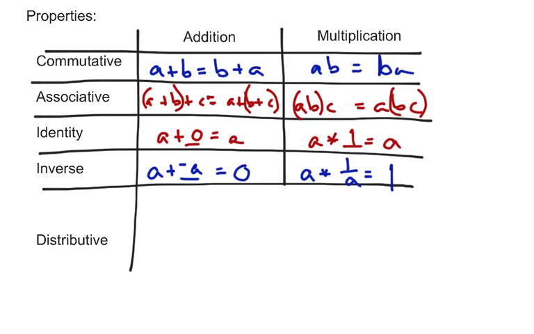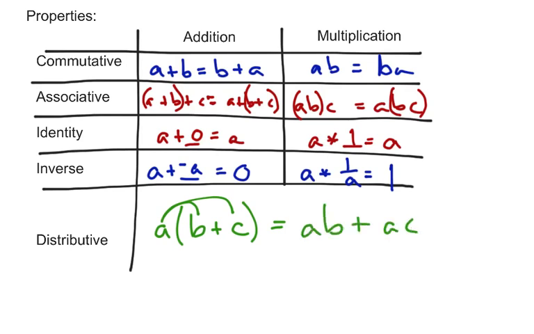And then the distributive property is another one that we should feel pretty comfortable about: if I have multiplication and addition, A times B plus C, we distribute the A to both of them, so we multiply A times B and add it to the product of A times C.